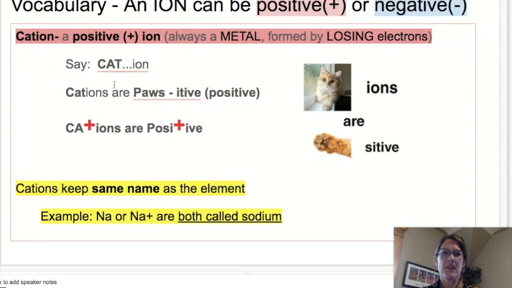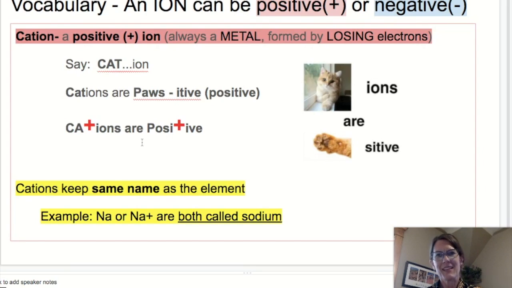There's a few ways that people help remember this. If you see here, it says cations are positive, like the word paw for the cat paws. So here's a picture of that. Cations are positive. And also the T for the word cation, the T looks a little bit like a plus sign, like positive.